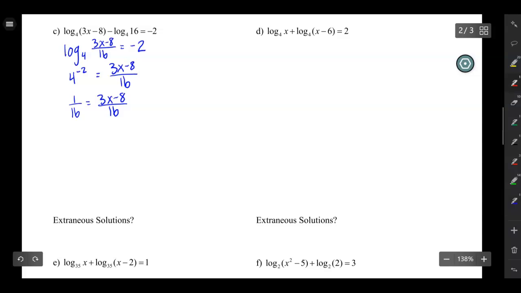So here's something nice. If I have fractions on both sides and they're the same denominator, they can just cancel each other out. So I'm just left with 1 is equal to 3x minus 8. And that is a pretty simple equation to solve. Add 8 to both sides, divide by 3, and we get 3 is equal to x.